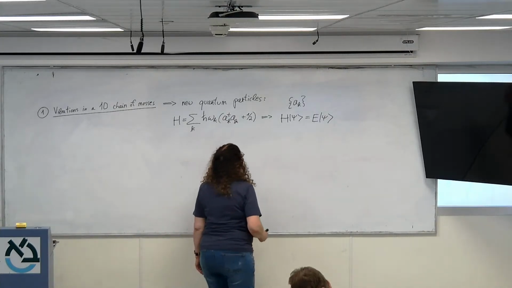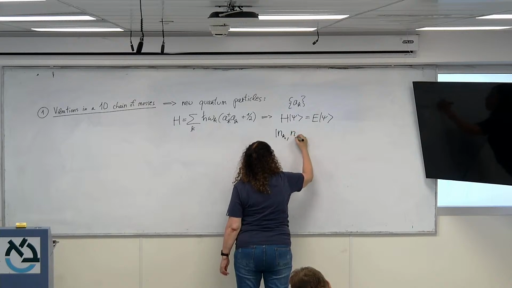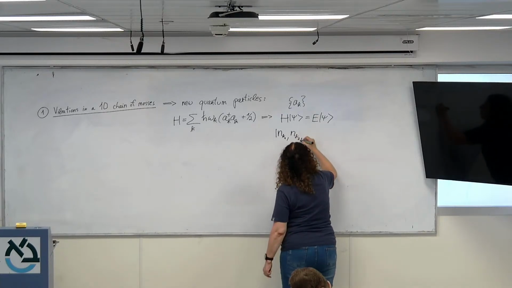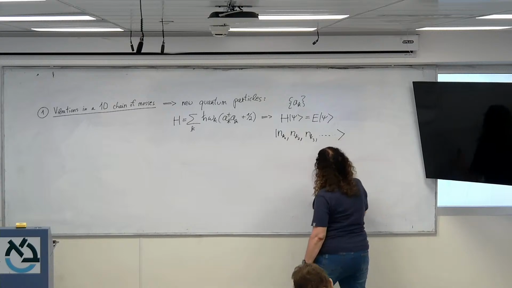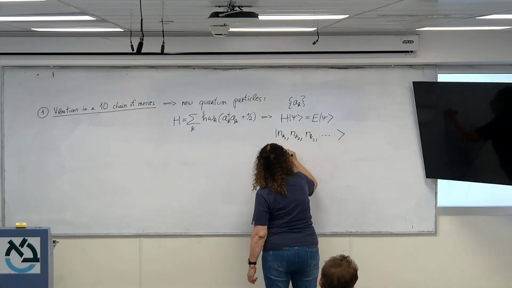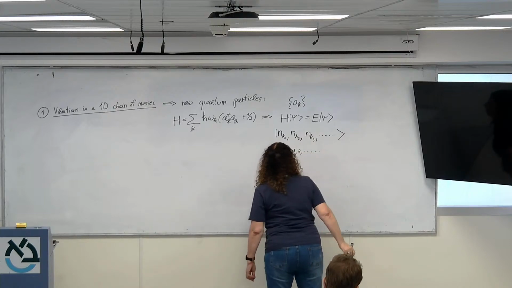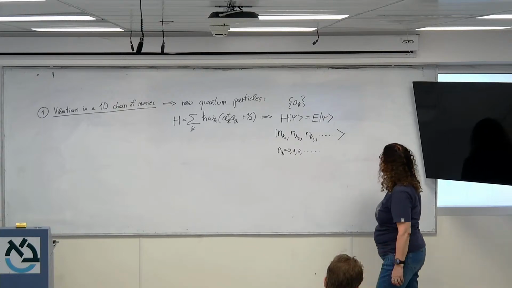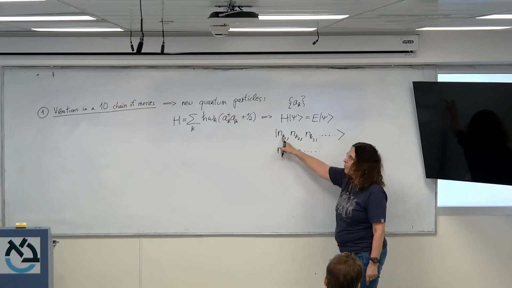So the set of states can be represented as a series of integer or natural numbers, okay, where each of these numbers for each k is a natural number, and what it represents is the occupation of the oscillator with wave number k.